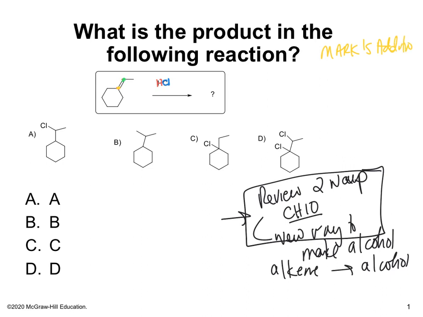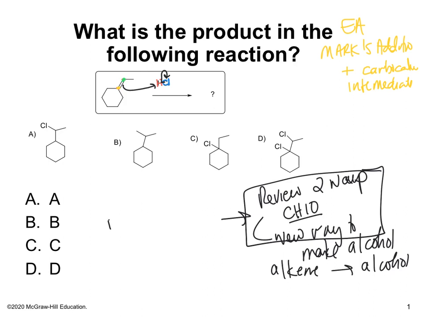So we're going to do this stepwise, so we've got to get the more stable carbocation intermediate. And this is electrophilic addition, EA, mechanism. And so the first thing that happens is this nucleophile goes and protonates the carbon.